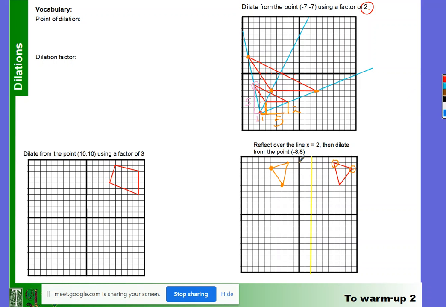So 1, 2, 3, 4, 5, 6, 7, 8. And I'm afraid if I do a dilation factor of anything larger than 2, it's going to jump off the page. I'm a little nervous that I'm going to jump off the page anyways. So we'll go with a dilation factor of 2, okay? Yeah.